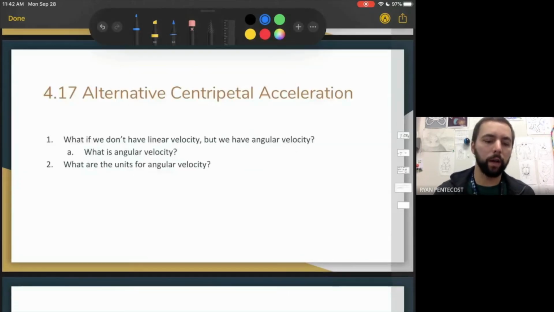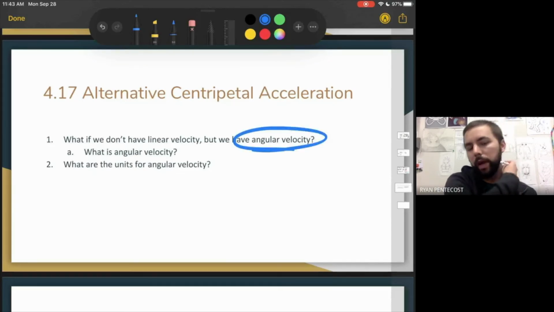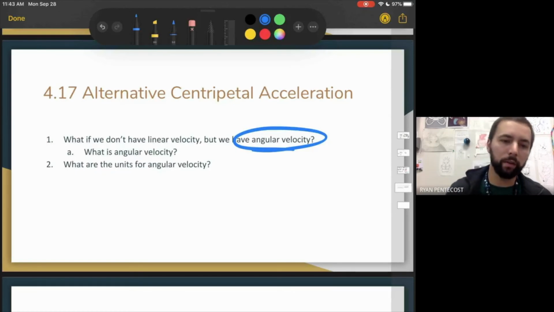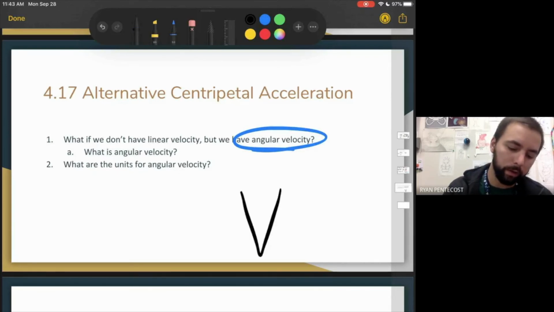All right, next. There's an alternate centripetal acceleration. What if you don't have the linear velocity, right? There is something called angular velocity, okay? So angular velocity is something very different. Angular velocity is if you measure the rate that you're going around in a circle. So I'll redraw that arc real quick. Say we're going around this circle, right?